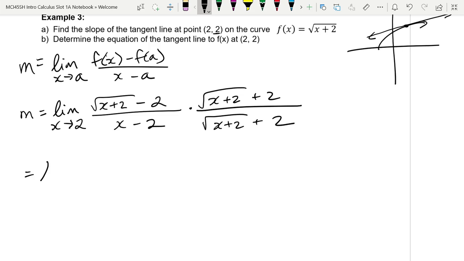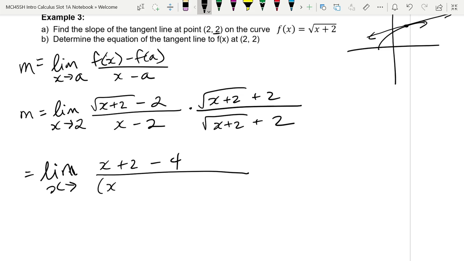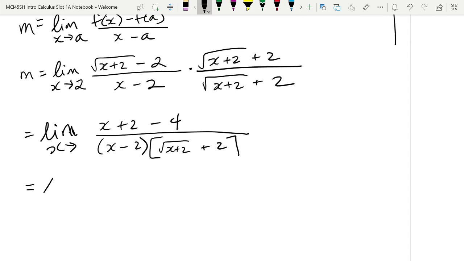And that's going to give me the limit as x approaches 2 of, FOIL that out, x plus 2 minus 4. I'm not going to bother multiplying this denominator out, because remember, my goal is to cancel the factor I just wrote down. And there we have it. The numerator actually works out to x minus 2.